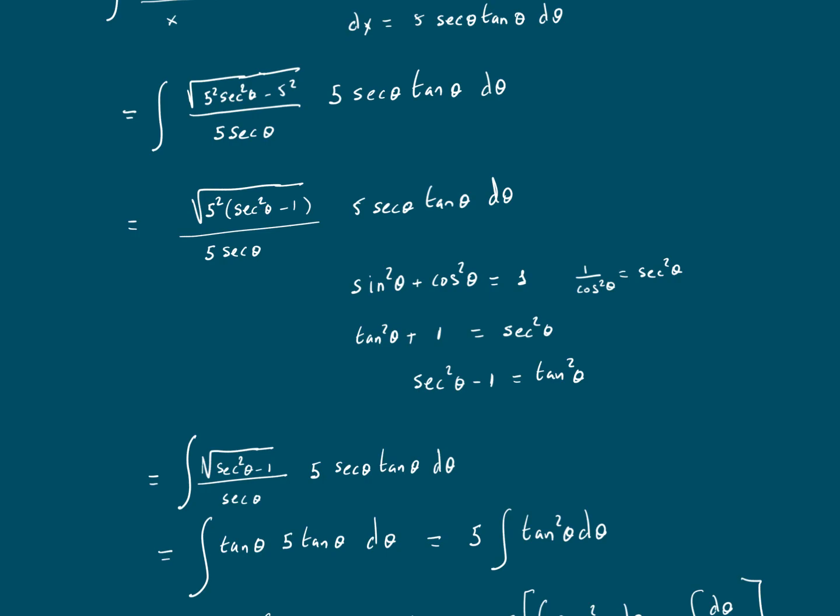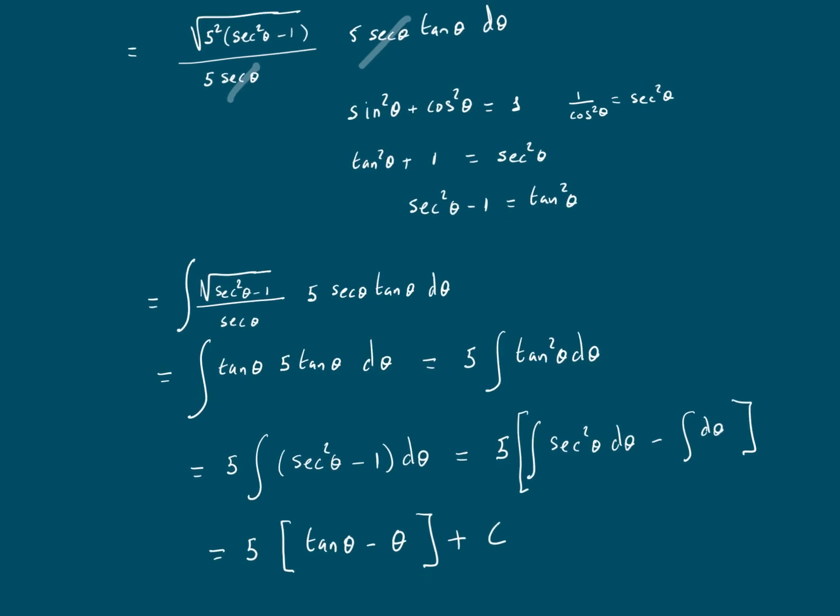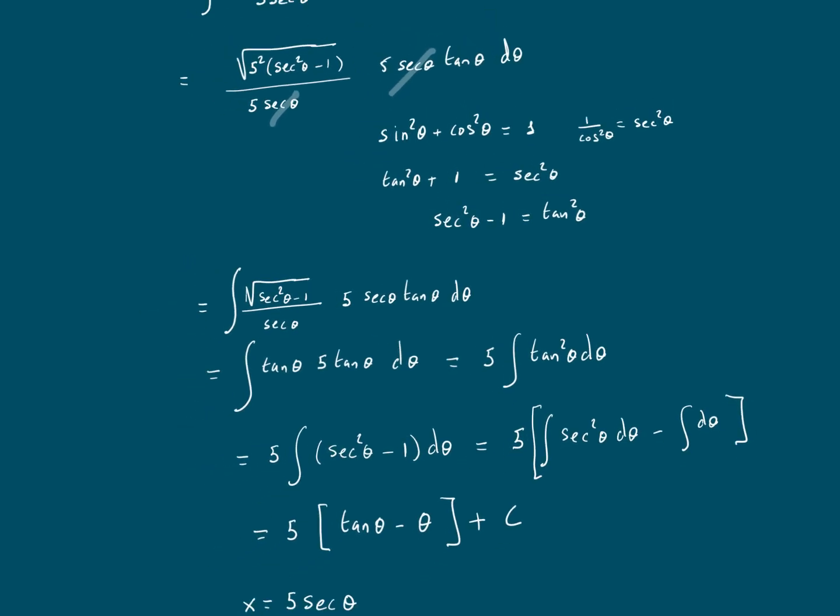So basically, this secant of theta will cancel with this secant of theta. Inside the square root will appear tangent squared of theta, and the square root of tangent squared of theta is tangent theta. This 5 will cancel with this 5, and the square root of 5 squared is 5.